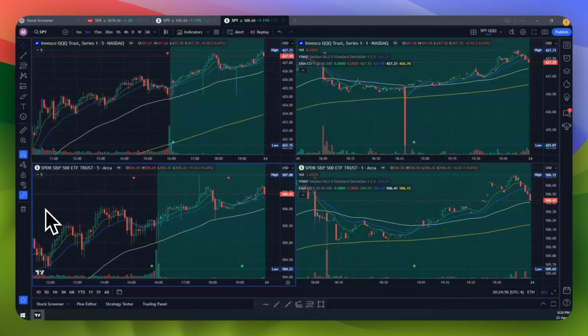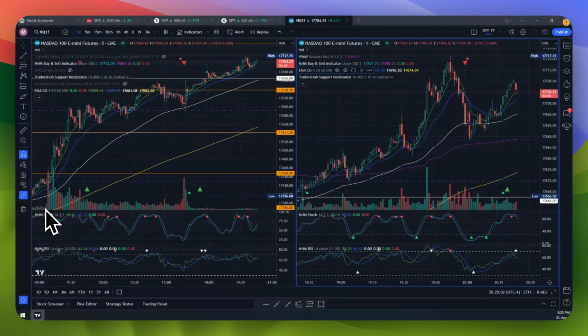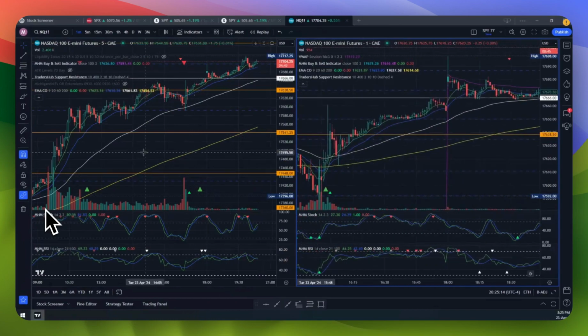Okay. So where were we? Okay. So we were right here. Market opens, 10 a.m. We were trying to figure out what to do next.